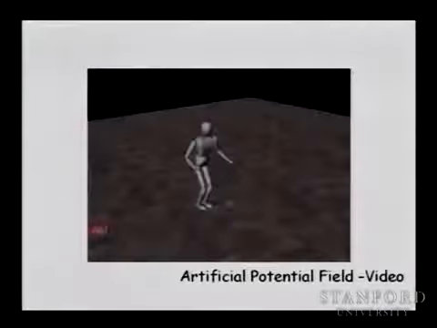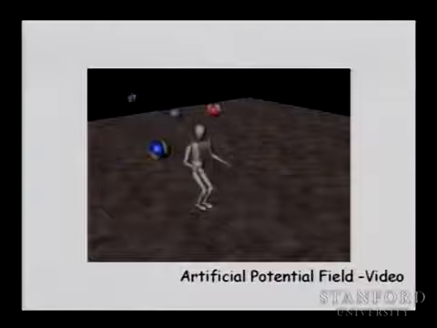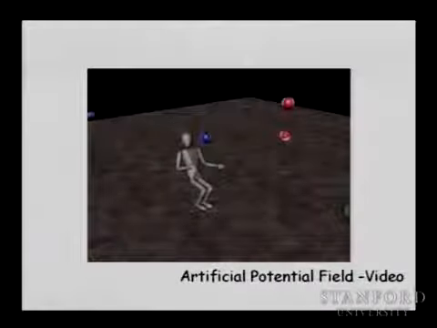And in this video, you can see how a complex robotic system is reacting to obstacles that are coming at it. It's moving away from those obstacles. And this is simply done by using the same type of concept that I described for moving to a goal position.